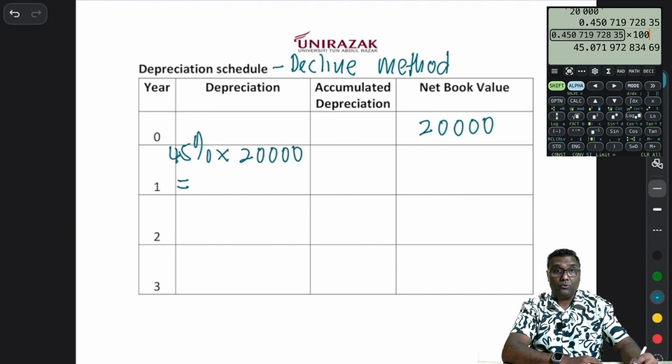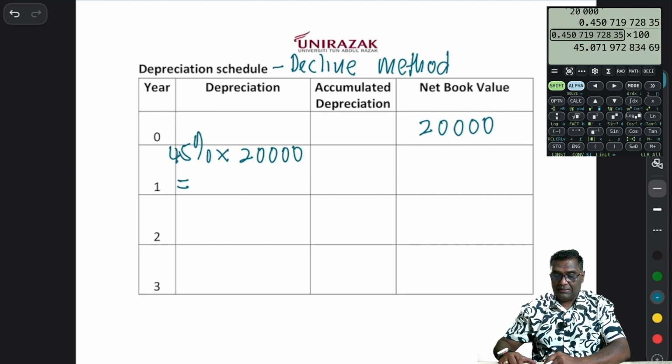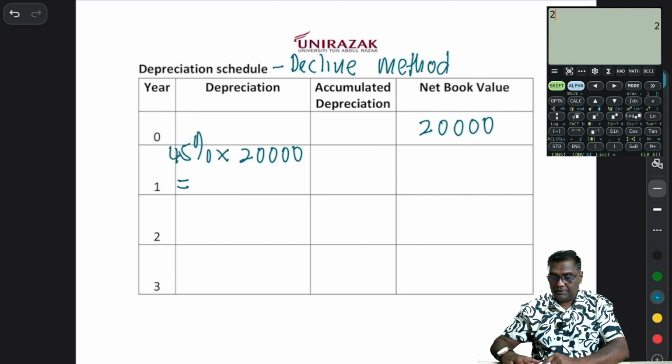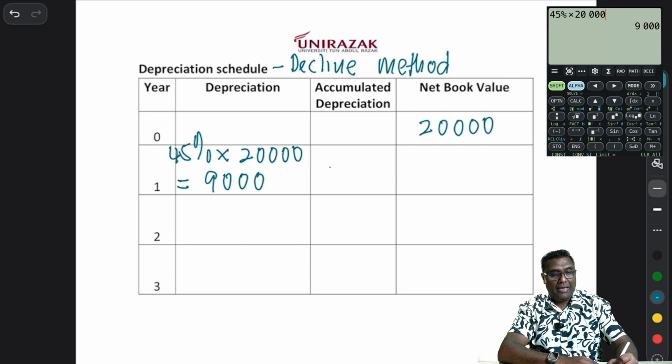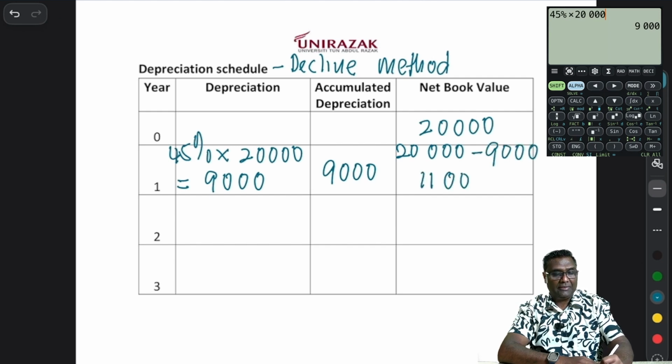I have a calculator, so I just press the calculator. 45% of 20,000, you have 9,000. Accumulated 9,000. 20,000 minus the accumulated 9,000, you get 11,000.